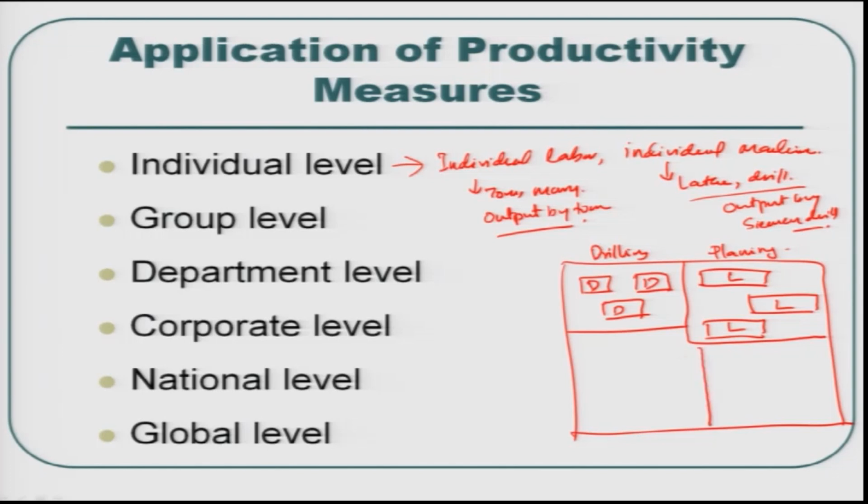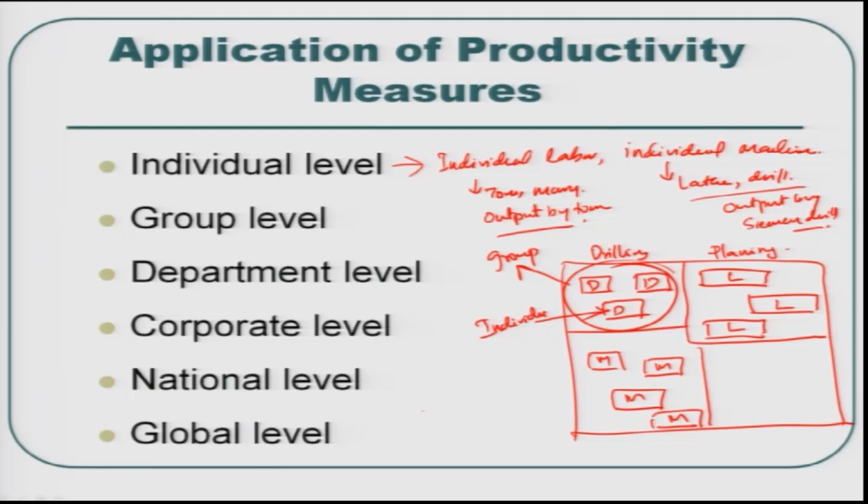And then there are some milling machines. Okay, and so you can think about the productivity of this. This is the individual. This is the group.